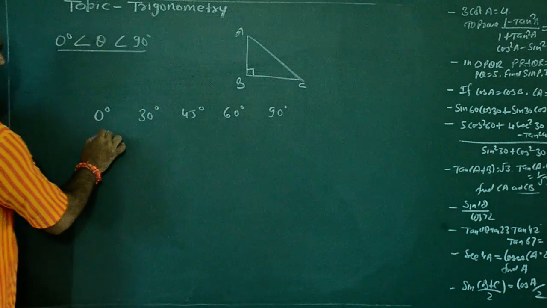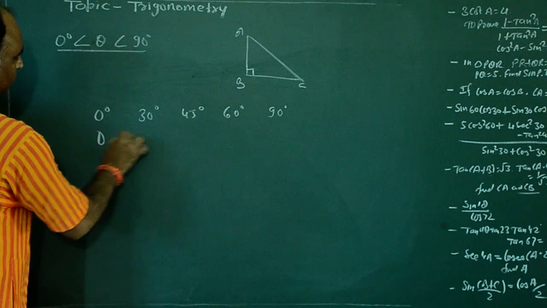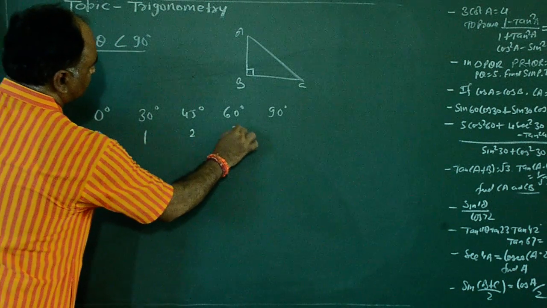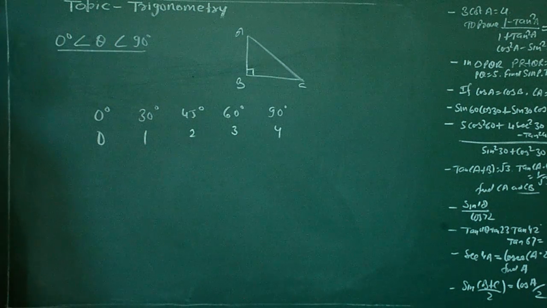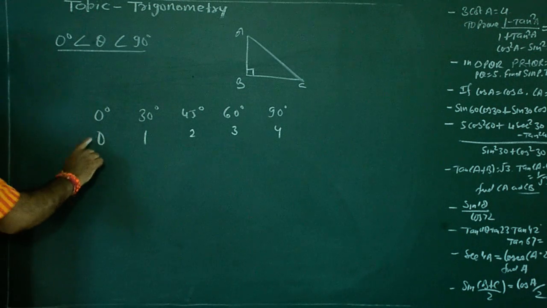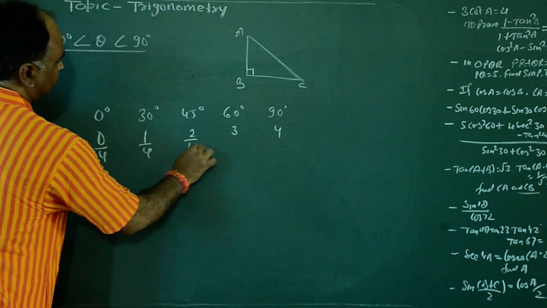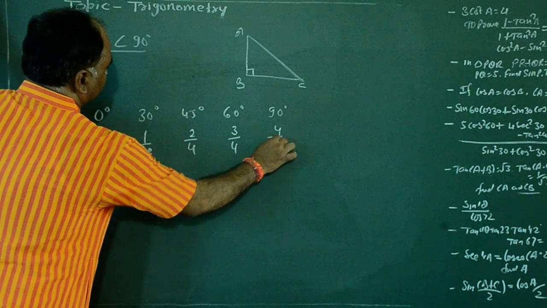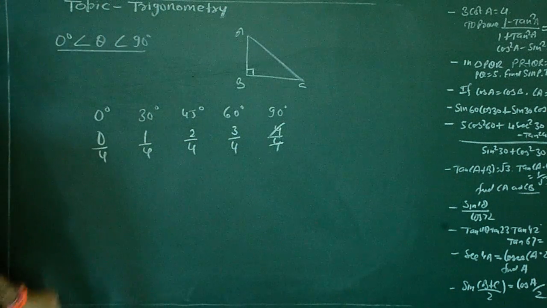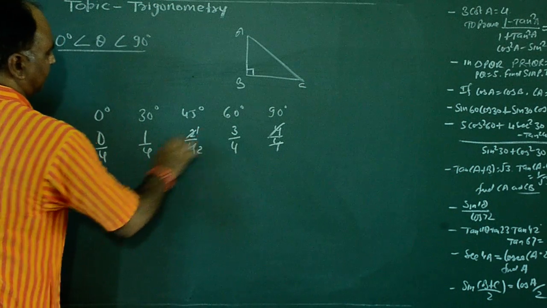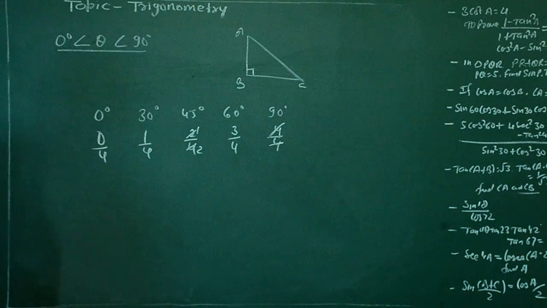First we put the value 0, 1, 2, 3, 4. Then we divide all these numbers by 4, cancel it, and you have got these numbers.